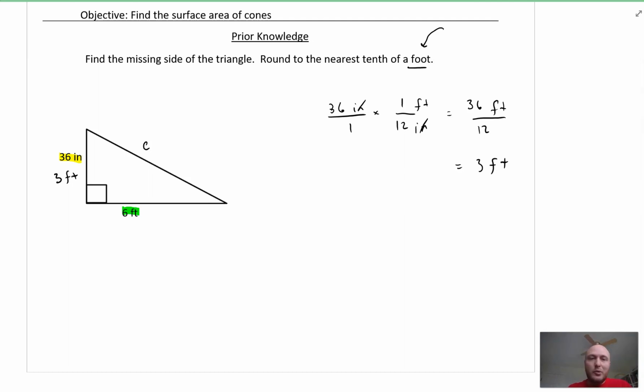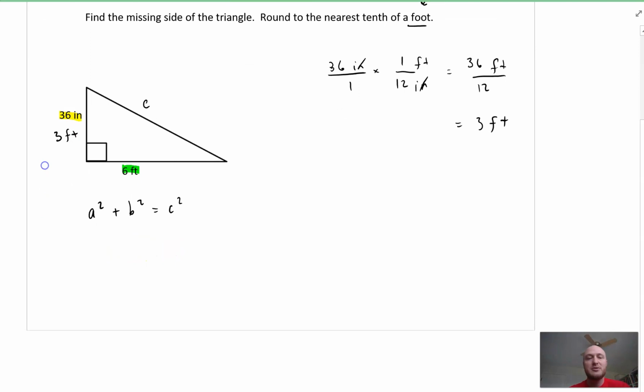Okay, so we want to find that side. We know that the Pythagorean theorem can help us find the missing side of a right triangle: a squared plus b squared equals c squared. So we have 3 squared plus 6 squared equals c squared. So 9 plus 36 is equal to c squared.